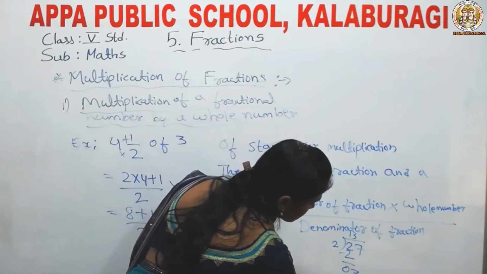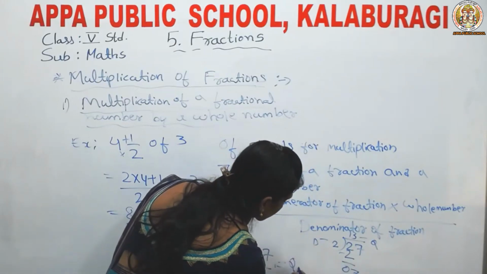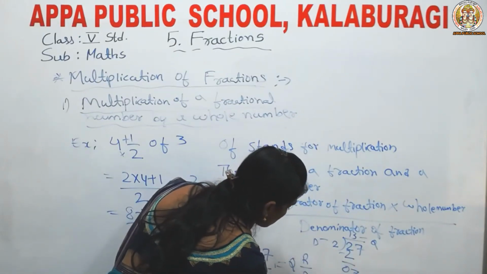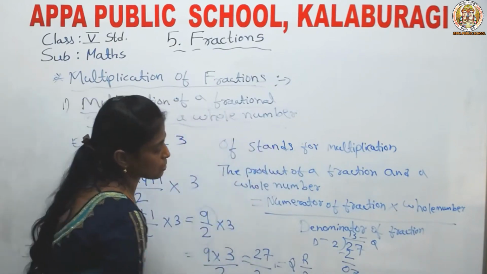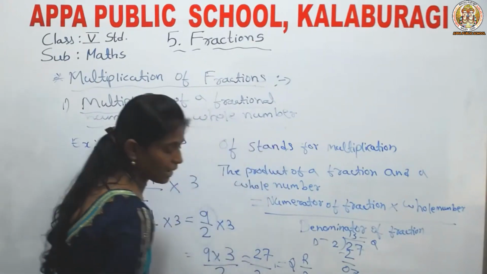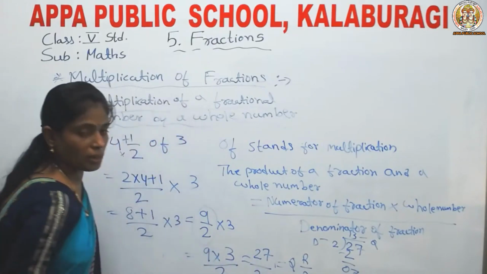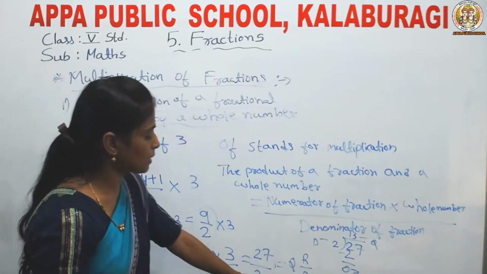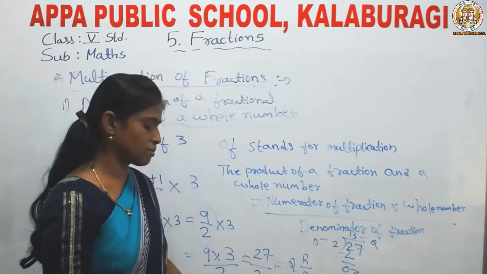This is R, this is Q, and this is D. Now writing in QRD form: in the Q place is 13, in the R place is 1, and in the D place is 2. This is the mixed fraction 13 1 by 2. Again multiply: 13 twos are 26, 26 plus 1 is 27, so 27 by 2.